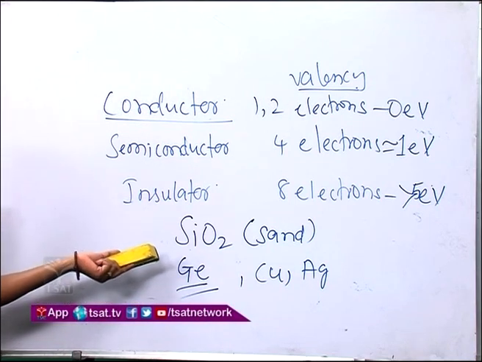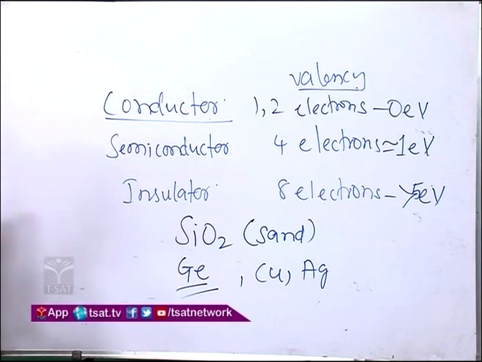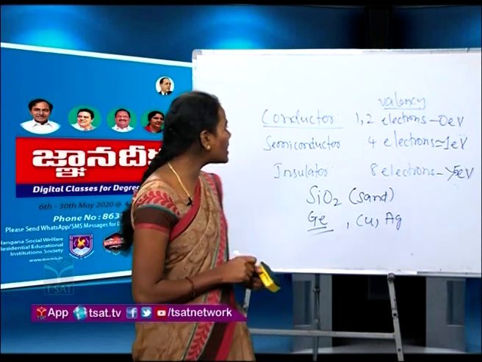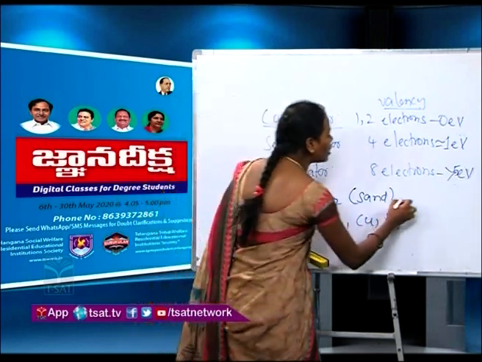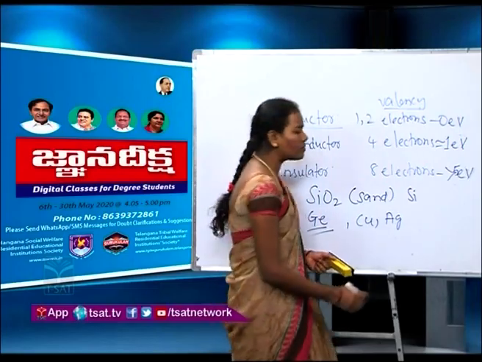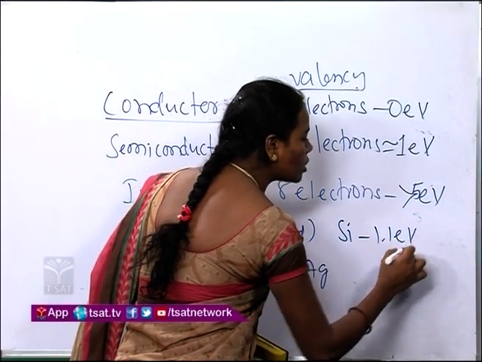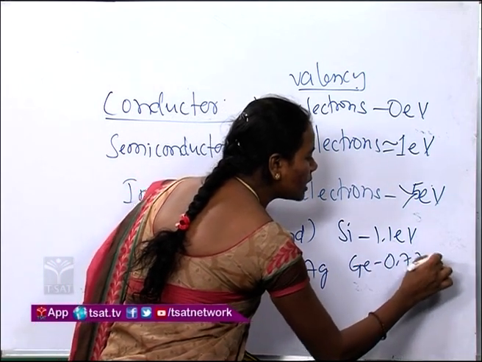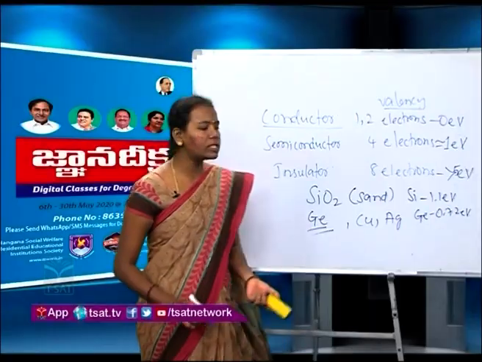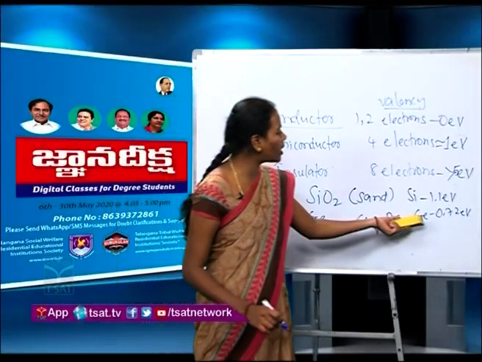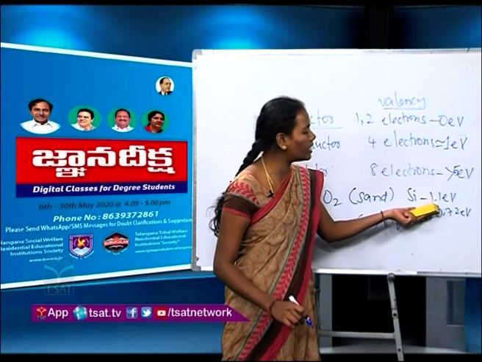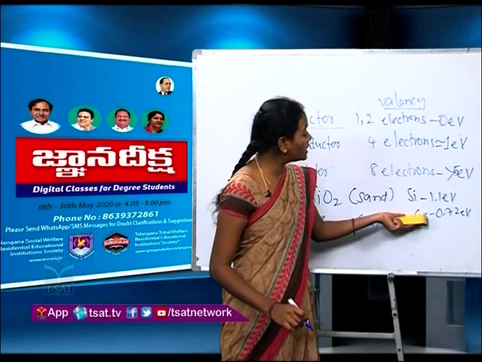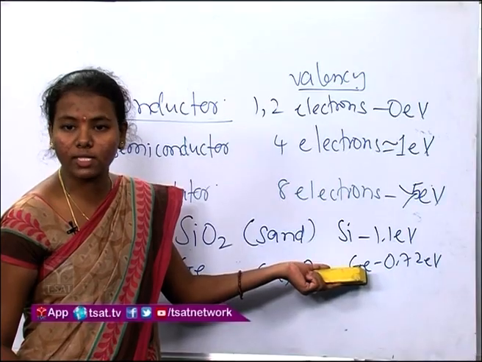So silicon is most abundant. One more property of silicon is that it is less temperature sensitive. The energy gap of silicon is 1.1 electron volts, whereas for germanium it is 0.72 electron volts. Although the energy gap of germanium is lesser than silicon, we use silicon the most because germanium is more temperature sensitive.